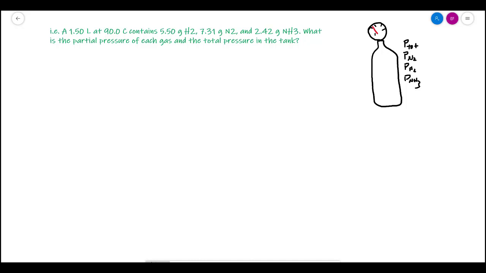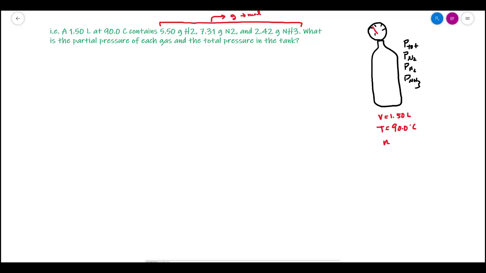And what do we know? Well, we know that we have a volume of 1.5 liters in this tank. We know that the temperature is 90.0 C, and we have a certain mass of 3 different molecules or compounds in the system, which we could pretty easily convert between grams and moles of each of these things, which would give us an n. So we essentially have an n, we just haven't computed it yet.